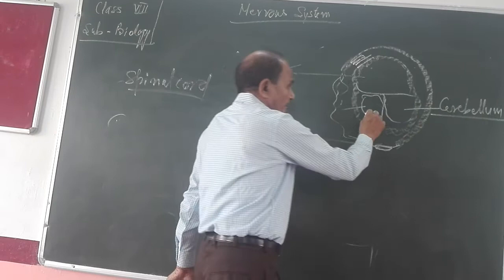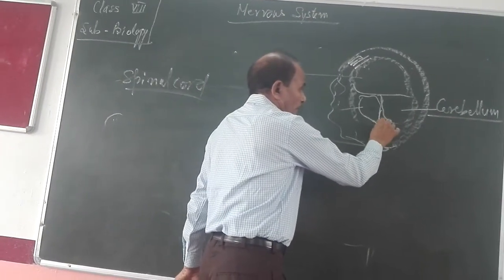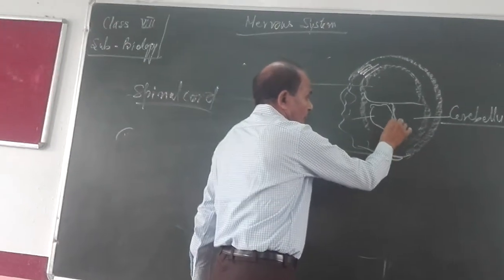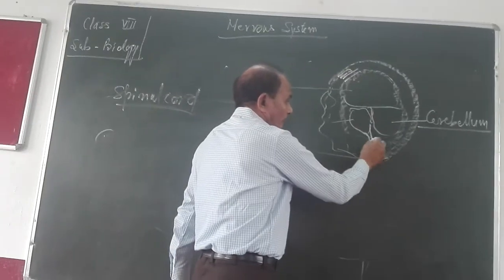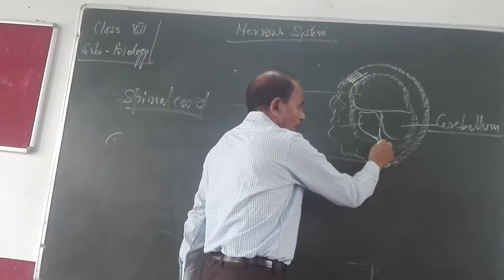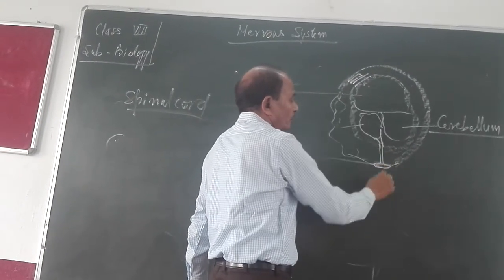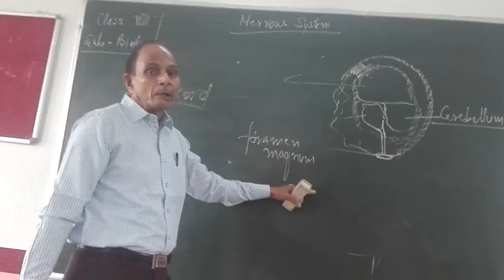This medulla oblongata terminates in the form of a rope-like structure, and this rope-like structure comes out from the brain box through the foramen magnum.